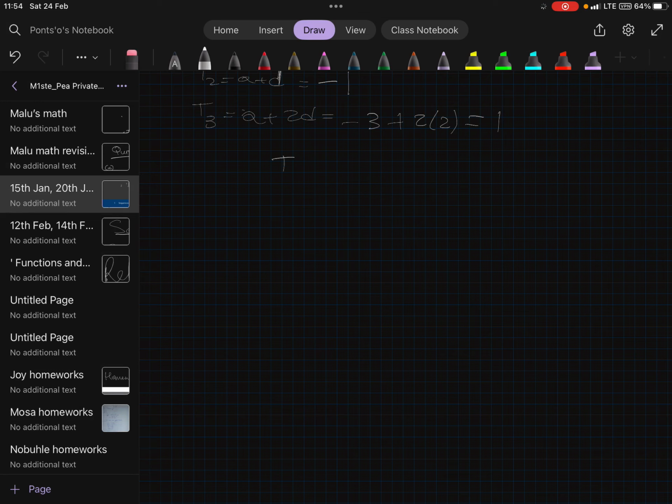So if we take t1 as our first term, and we want the sum to the first number, then s1 is t1. But then the sum to the first 2 terms will be t1 plus t2, and we can make t2 the subject of the formula.